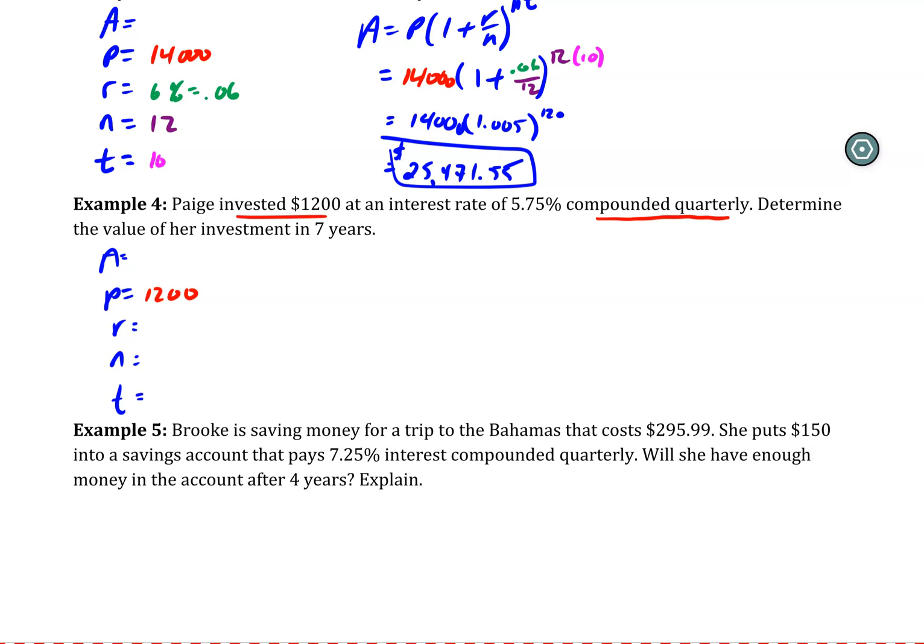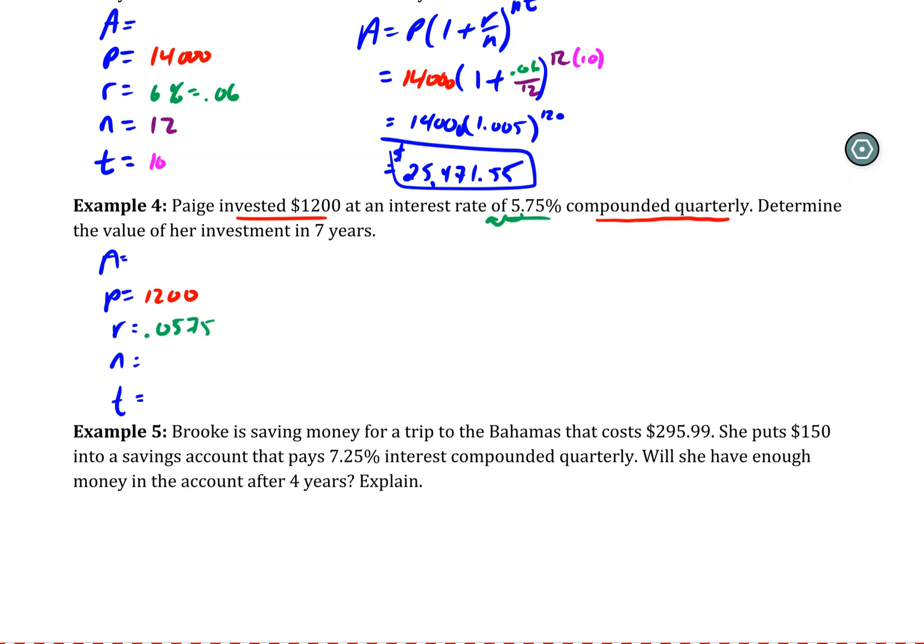We've got a rate of 5.75%, which as a decimal is going to be 0.0575 because again we're scooting 2 places to the left. N is how many times it is occurring within the period, so that's quarterly, so that's 4. And for this one, it's being done for 7 years.